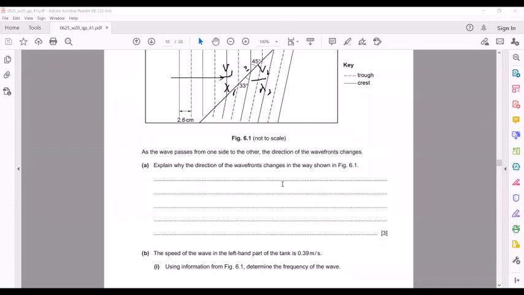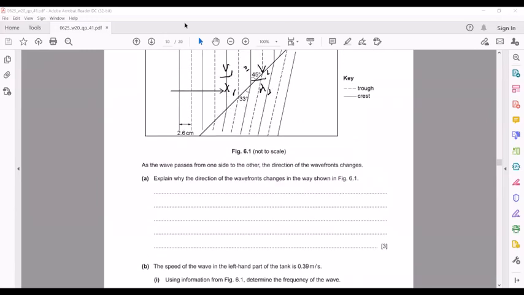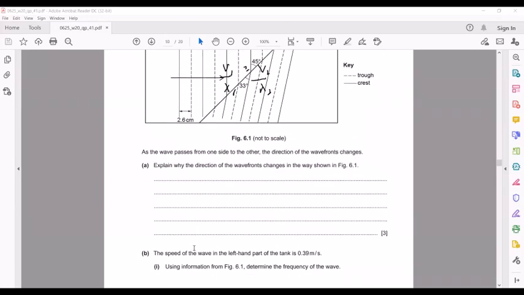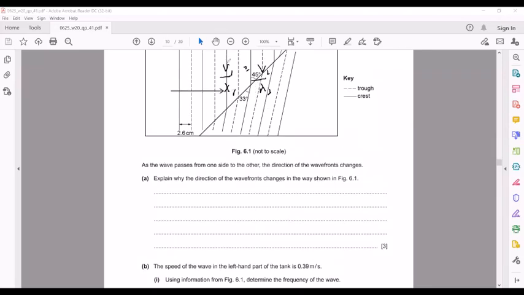Speed in medium 1 is given and the wavelength is given, but we don't know the wavelength in the second medium and we don't know the speed in the second medium. The speed will decrease, that's obvious, but we don't know either of them.